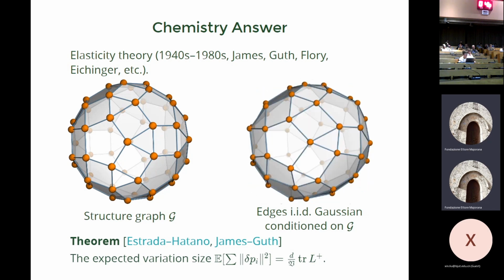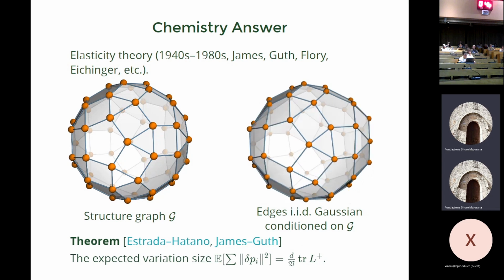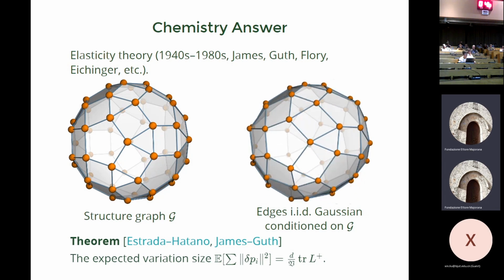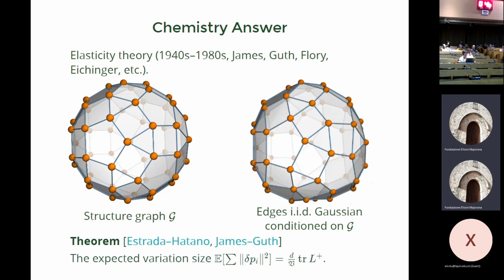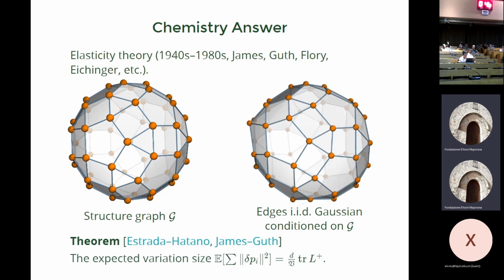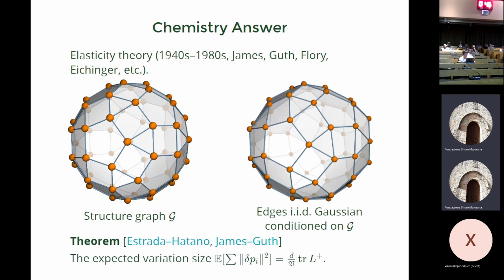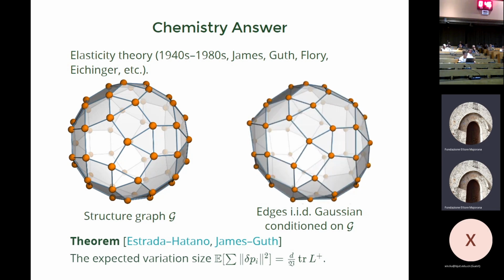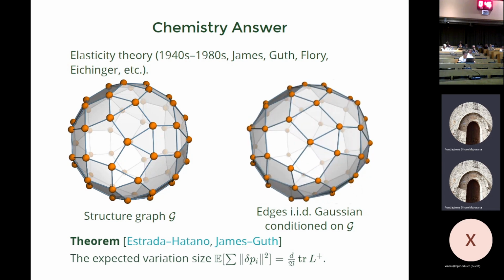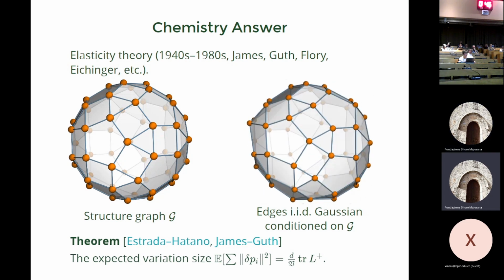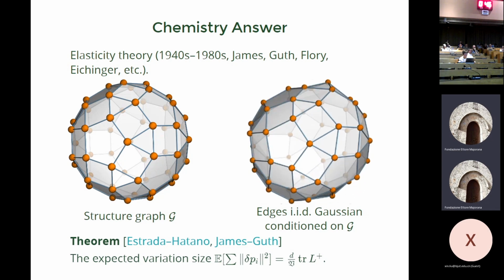So this is some matrix, and then the plus means that this is the pseudo-inverse, and I'm taking the trace of the pseudo-inverse. So this is just the sum of the non-zero eigenvalues of the pseudo-inverse, which are the reciprocals of the non-zero eigenvalues of L. So this is just the sum of the reciprocals of the non-zero eigenvalues of the graph Laplacian. Okay, so this is kind of amazing.